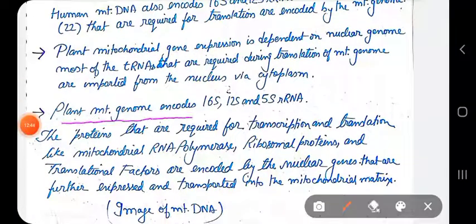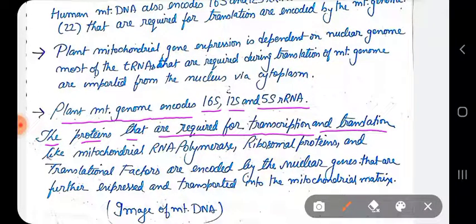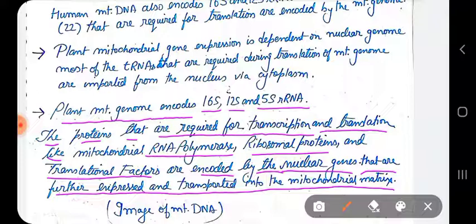The plant mitochondrial genome encodes 16S, 12S, and 5S rRNA, and the proteins which are required for transcription and translation, like the RNA polymerase, ribosomal proteins, and translational factors, are all encoded by the nuclear genes that are expressed and transported into the mitochondrial matrix. So in the case of plant mitochondrial DNA, it is a bit different.